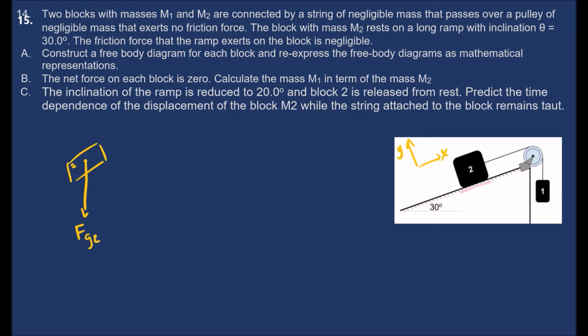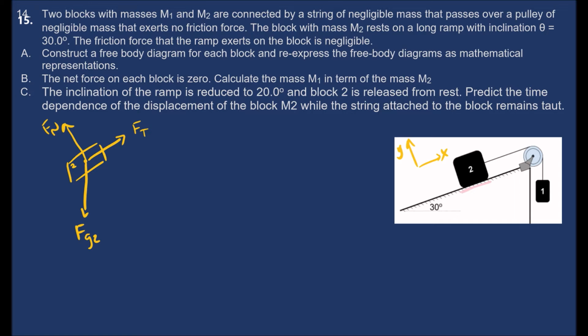We have a normal force acting on block 2, and that is always going to act perpendicular to the contacting surfaces. And we have a tension force acting on block 2. You can label tension force with Ft or with T. So that is our free body diagram for 2.